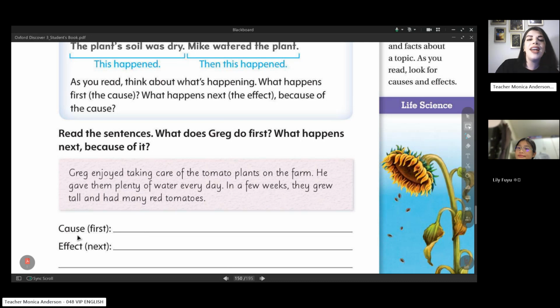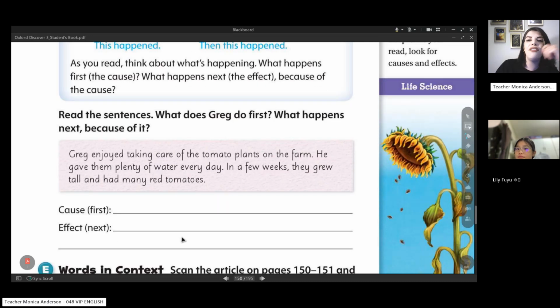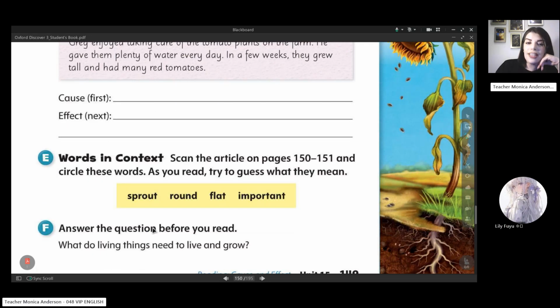So, what is the cause? What is the effect? The cause is Greg took care of tomato plants, and the effect is in a few weeks they grew tall and had many red tomatoes. Of course, perfect, very good.